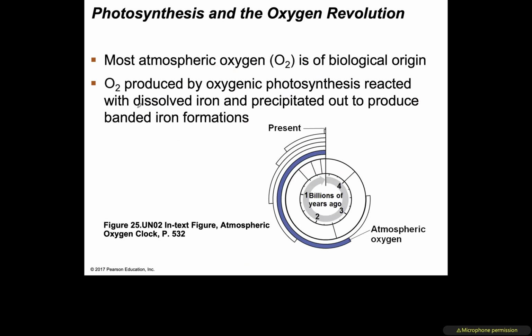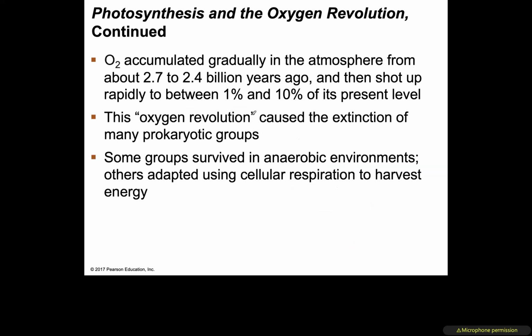At that same time, you're going to see a very large iron layer in the strata. A few slides back when I drew the strata, I drew a really thick red one and told you it was an iron layer. That is an indication of the time period in which oxygen became very abundant on Earth. They call this the oxygen revolution.